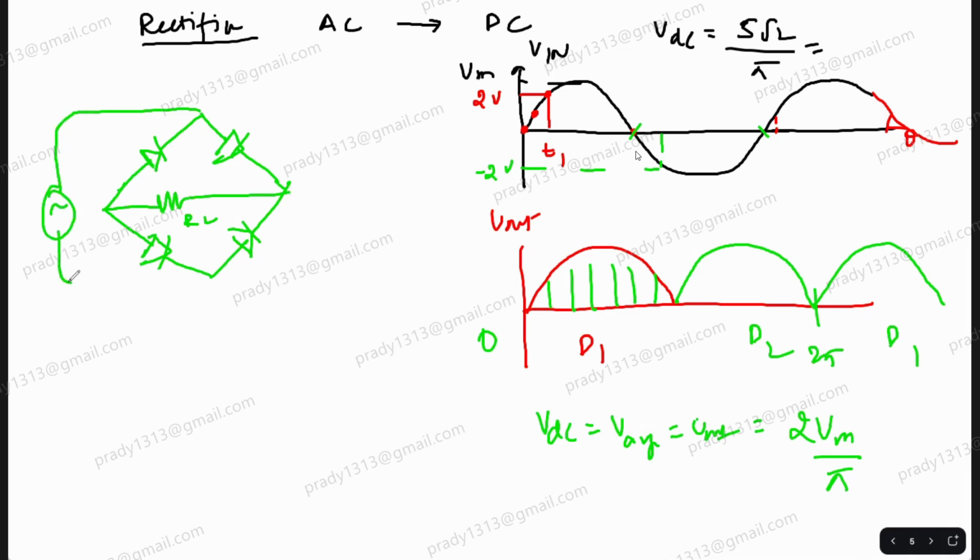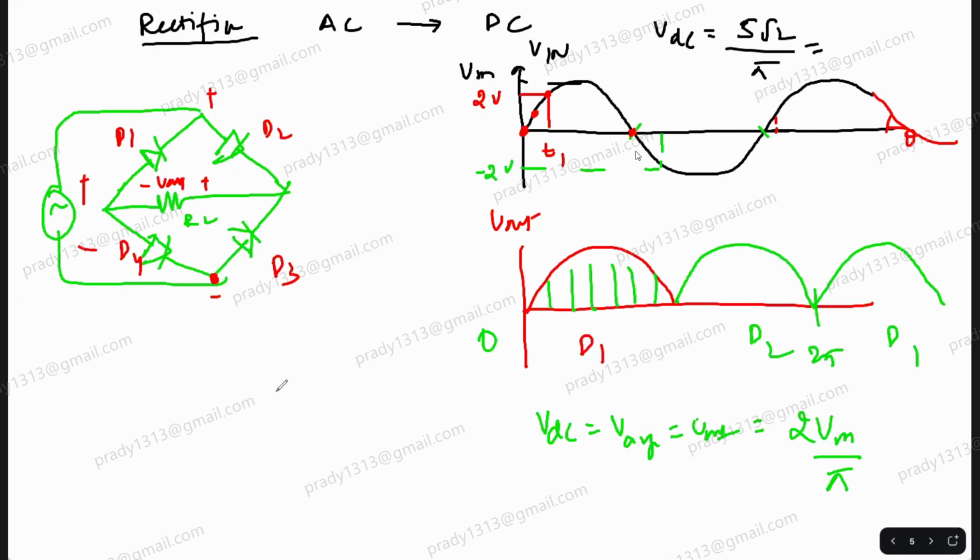This is the AC. This is the output. In the positive half, which two diodes are conducting, D1, D2, D3, D4? D2 and D4.